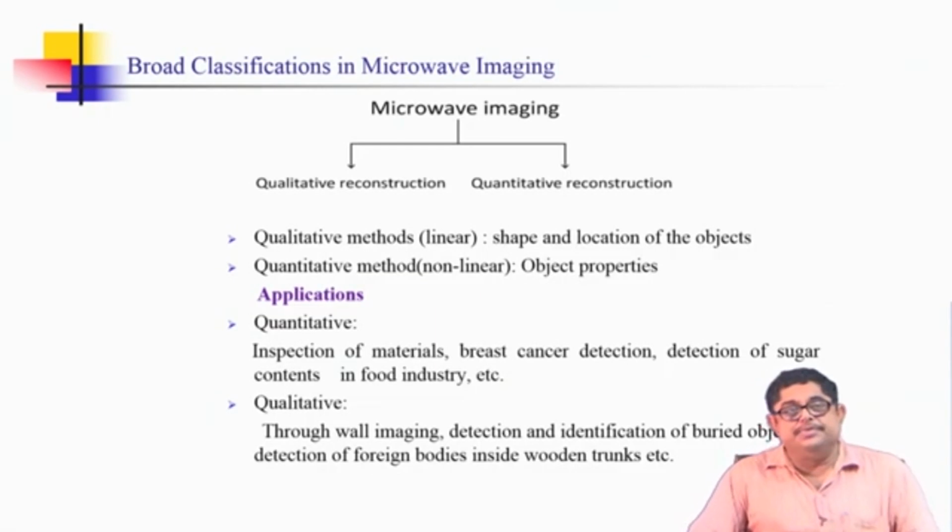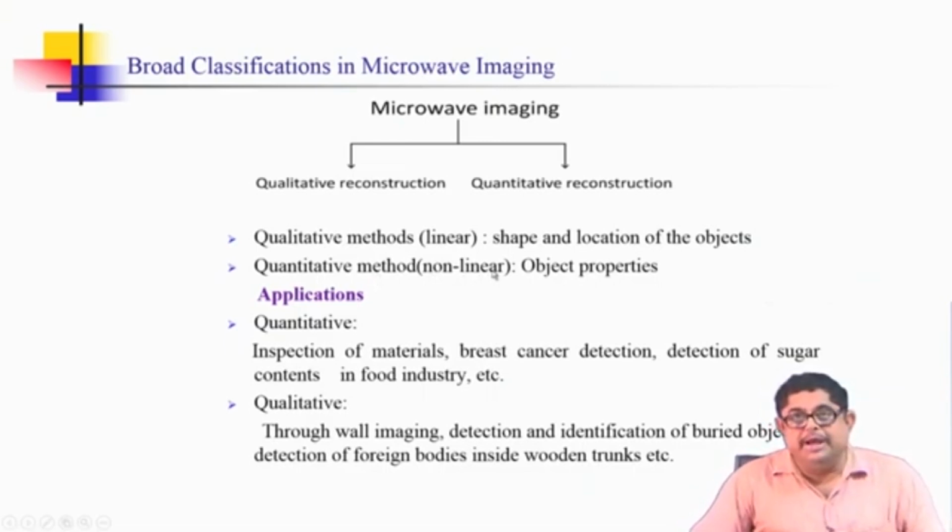Whereas the quantitative method gives you the exact object properties, but quantitative methods are non-linear, so forming an image by a quantitative method is much tougher. Qualitative methods give the shape and location, and then the search domain for the quantitative methods gets reduced and it gives you an image.